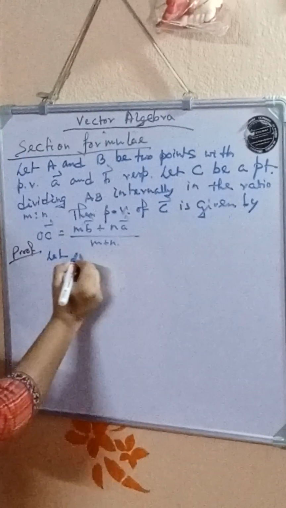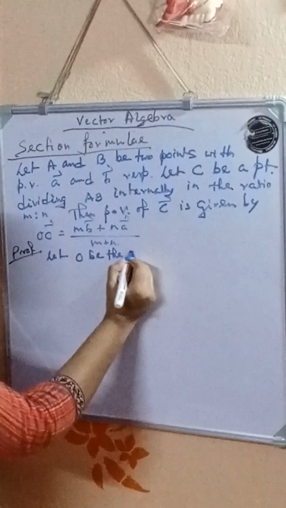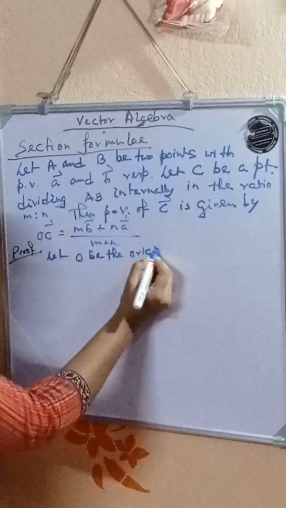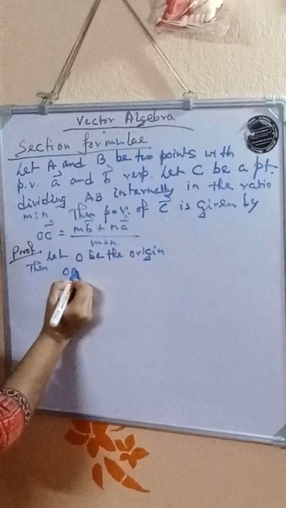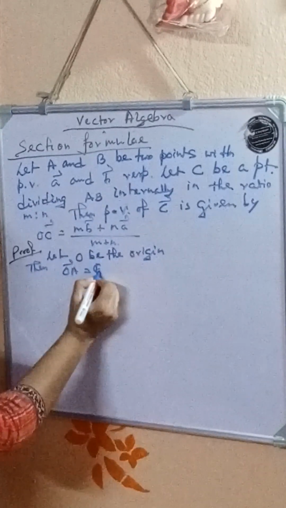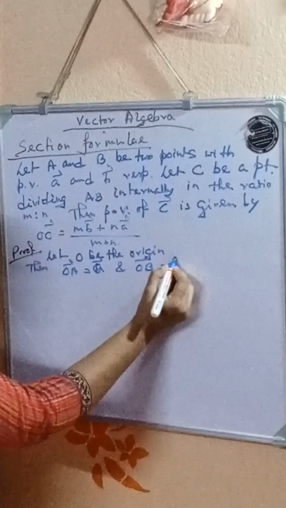Let O be the origin. Then OA vector equals A vector and OB equals B vector.